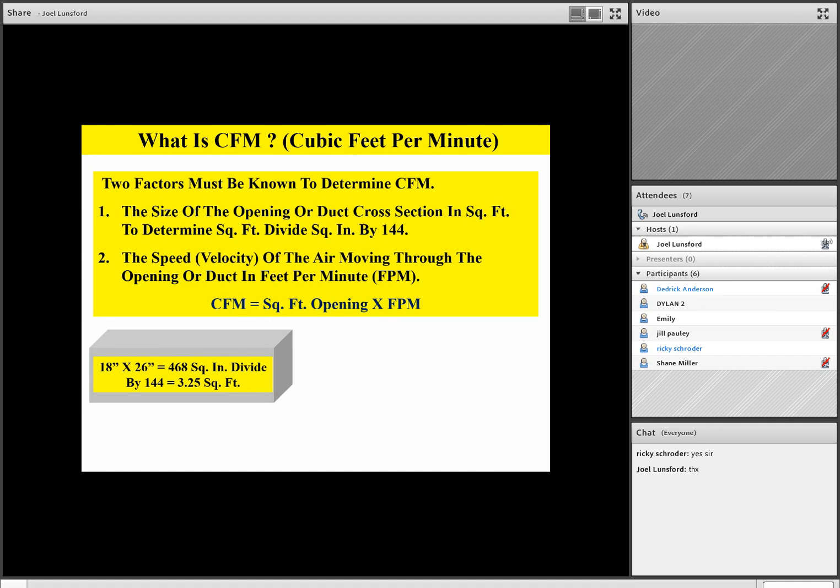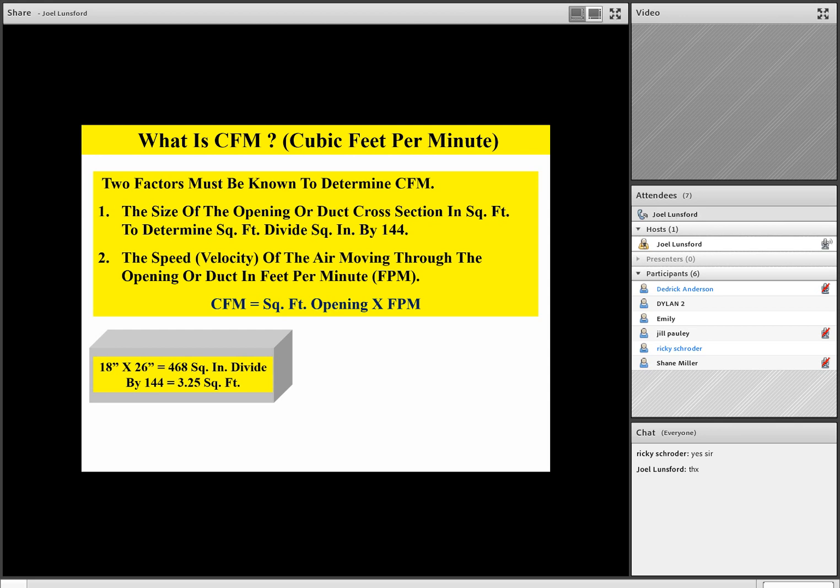So if we take 18 inches by 26 inches and multiply that together, we get 468 square inches. Now remember, team, we always have to get to square feet. So we take that 468 and divide by 144, and that equals a 3.25 square foot cross section of that duct opening.